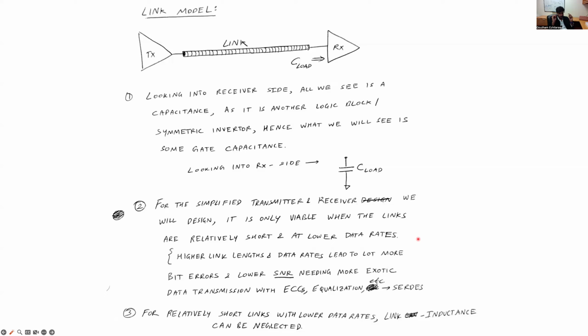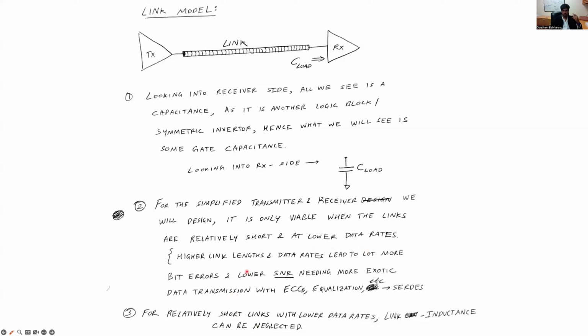And when such an approximation holds, the entire link need not be modeled using RLGC parameters of the transmission line, but we can use an equivalent RC model to model the transmission line. And this significantly simplifies the design of the transmitter and receiver side.